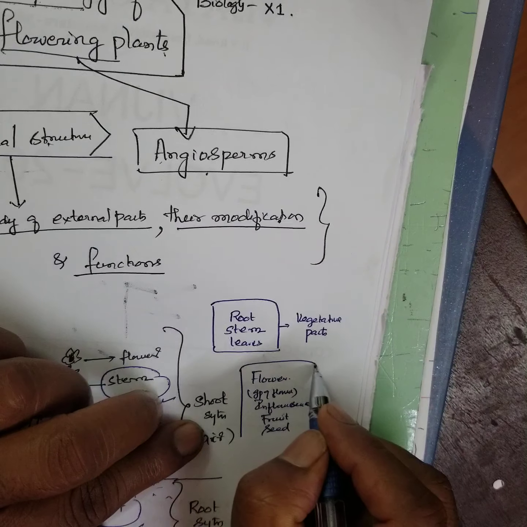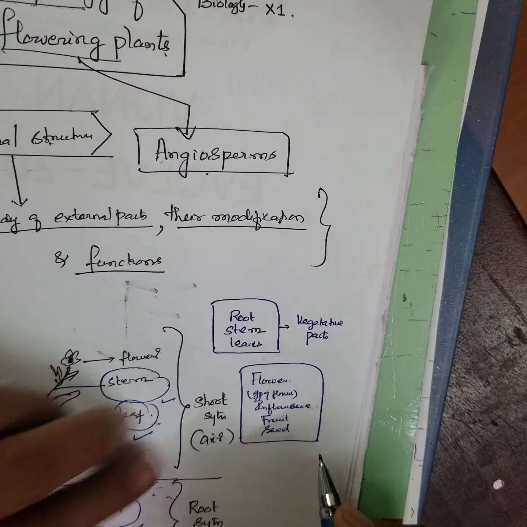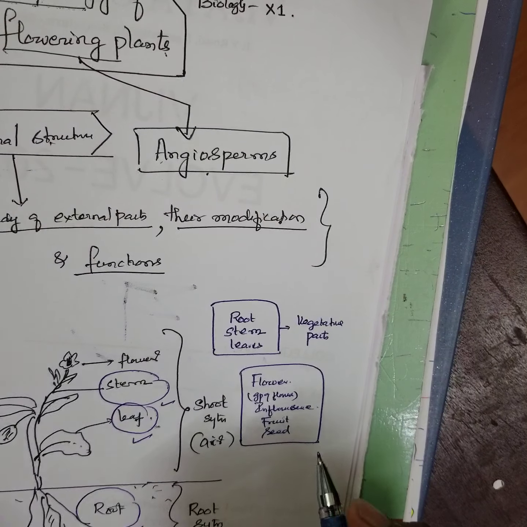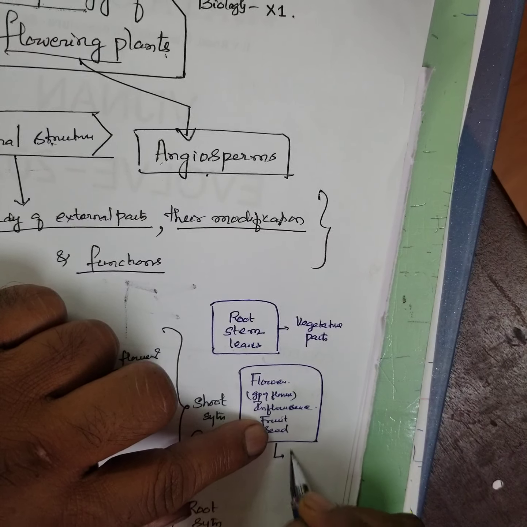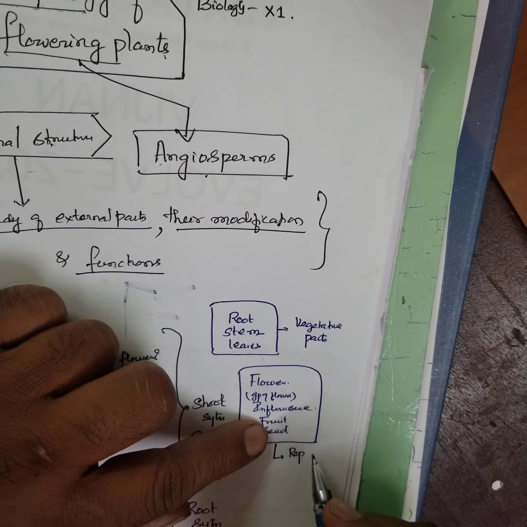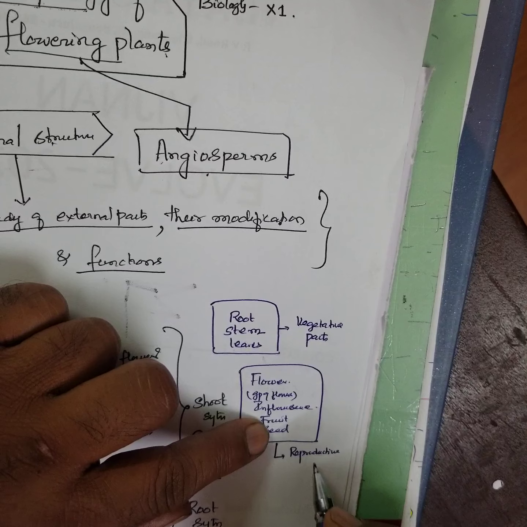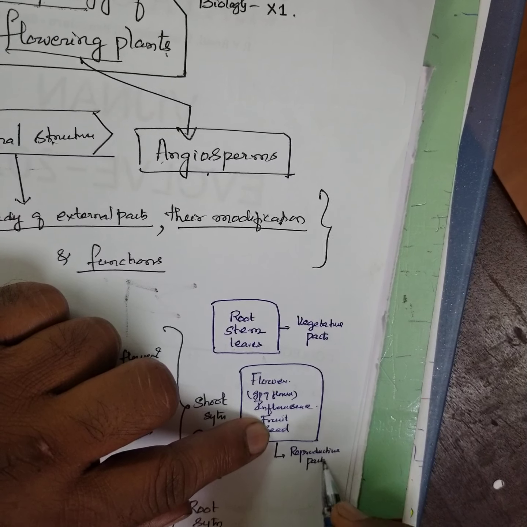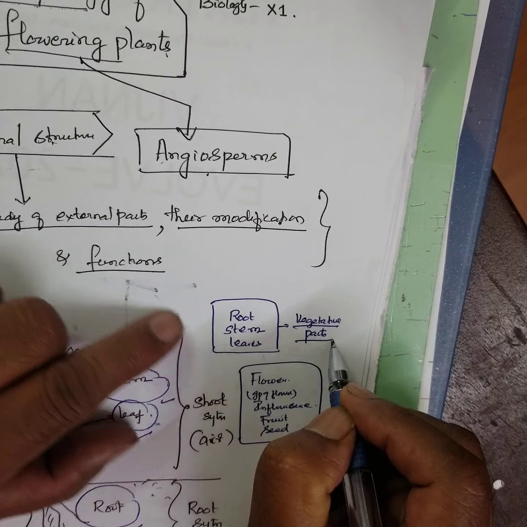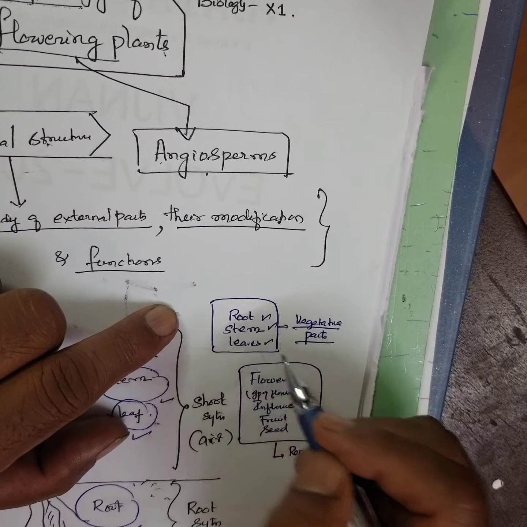All these are called reproductive parts. One is vegetative parts: root, stem and leaves.